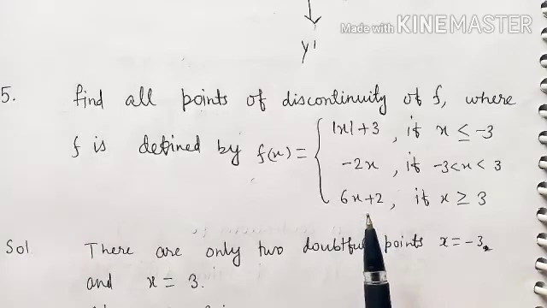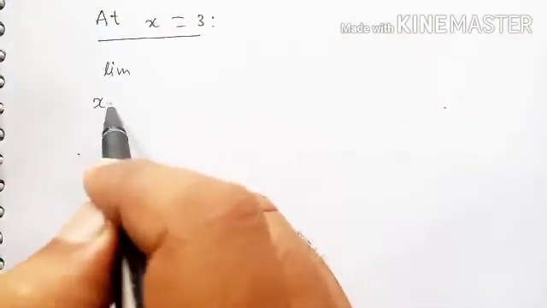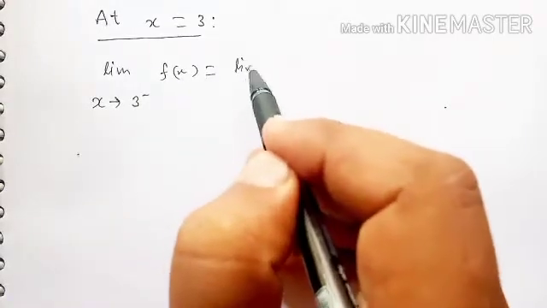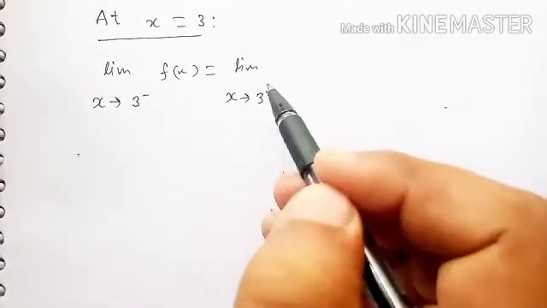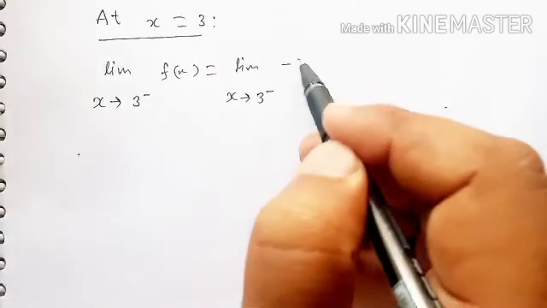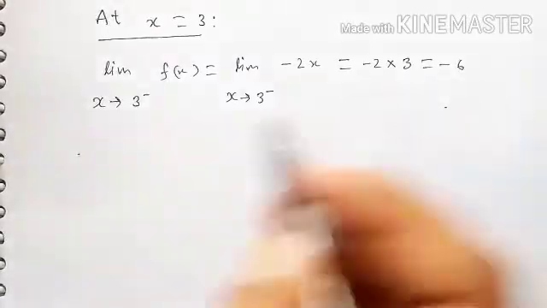So we have to find the left hand limit and right hand limit separately. Limit as x tends to 3 minus of f(x), limit as x tends to 3 minus of minus 2x. Minus 2 into 3, this is minus 6.